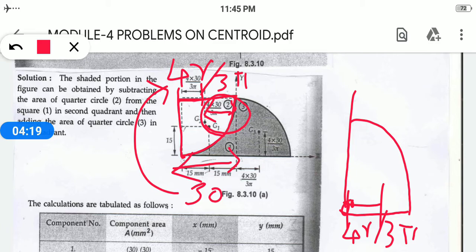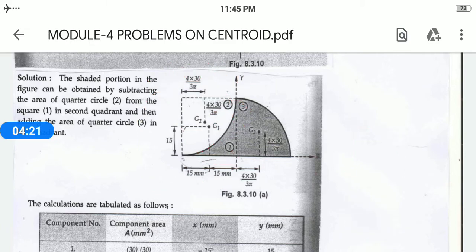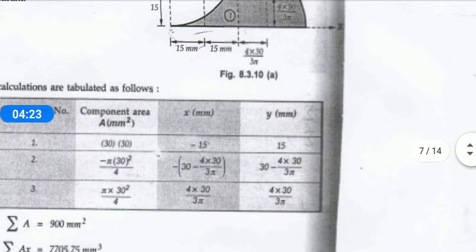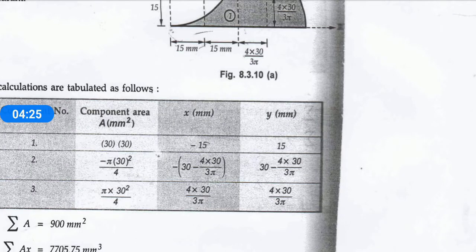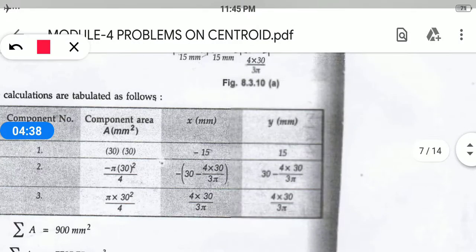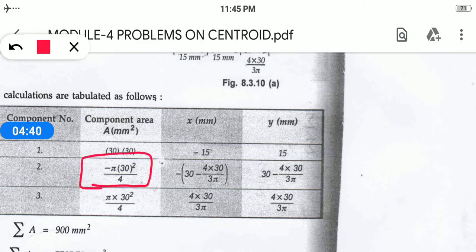That is your x value. That is what they have mentioned here, minus of. Why this minus? Because we are going to subtract this portion, and also this x lies in the negative direction of your y-axis. So whenever you are considering this area, you have to subtract it.